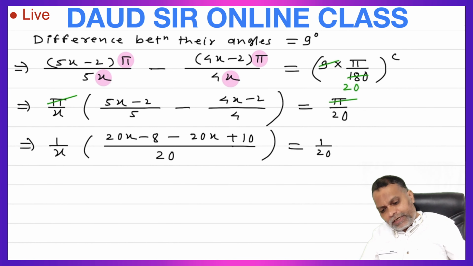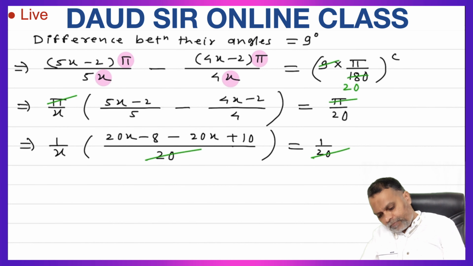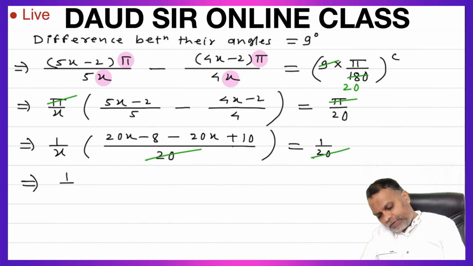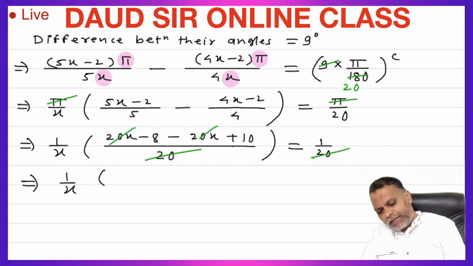This 20 in multiplication, so we can cancel, which implies 1 upon x. 20x positive and negative cancelled. Minus 8 plus 10 is 2. Minus 8 plus 10 is 2 is equal to 1. By cross multiplying, x is equal to 2.